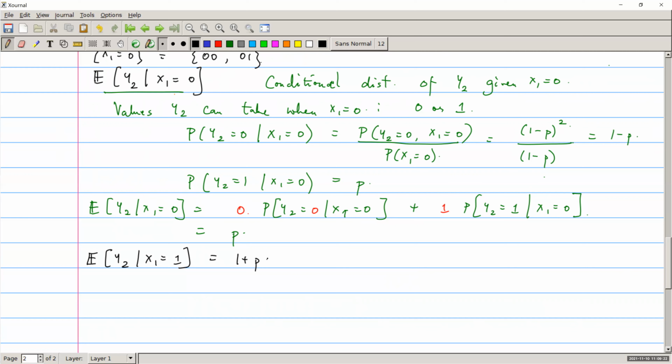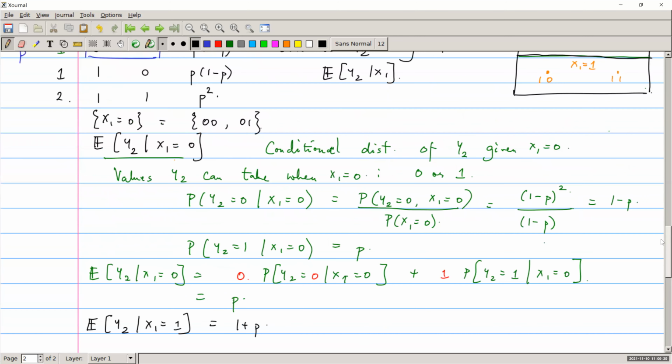Could you explain to me why the coefficient in that first term, the 0 times the probability y2 equals 0, why that 0? Oh, because these are the values that y2 can take. The two values that y2 can take are 0 and 1 when x1 equals 0.